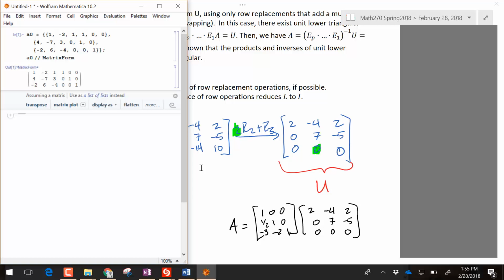So we have our matrix 1, 0, 0, 1/2, 1, 0, negative 3, negative 2, 1. And we want to multiply that with 2, negative 4, 2, 0, 7, negative 5, and 0, 0, 0.